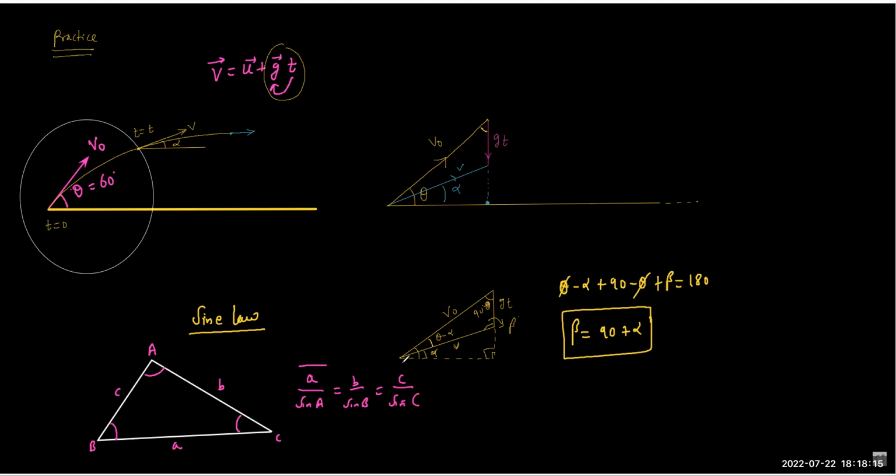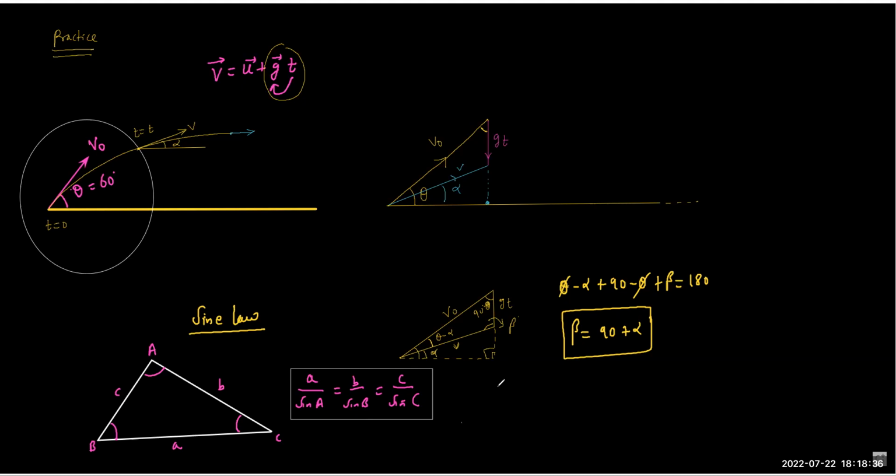So this is the sine law, which I will prove later on, don't worry. And this is a very powerful method to solve triangle problems without thinking about sine, tan, cos, or Pythagoras.